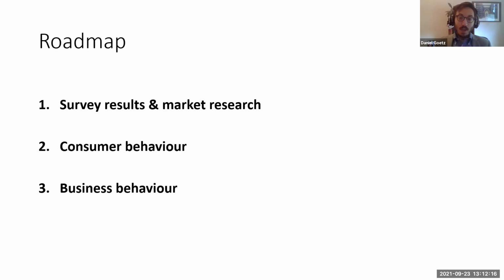So the roadmap for today: we'll talk through the survey results about the Apple Watch classification first. Then we'll talk about market research. We'll break at that point. And then in the second half of the class, we'll talk about consumer behavior and business behavior.